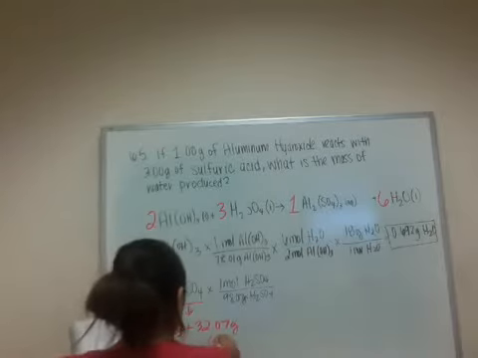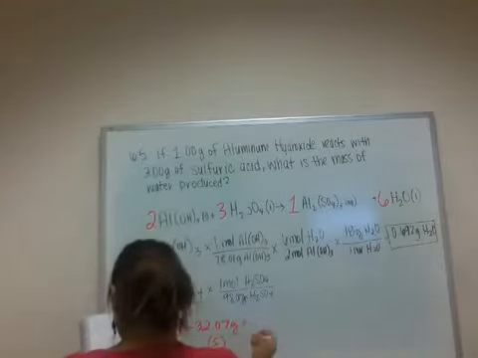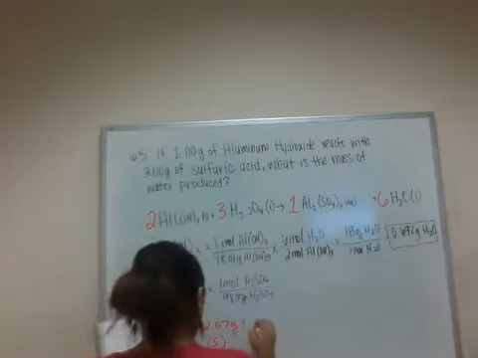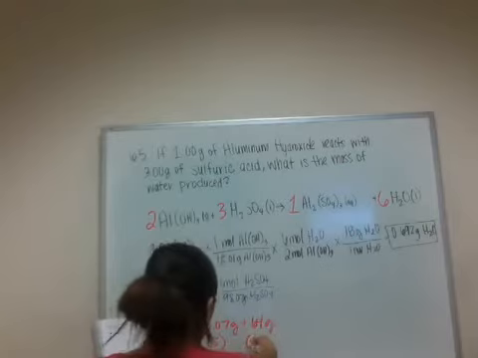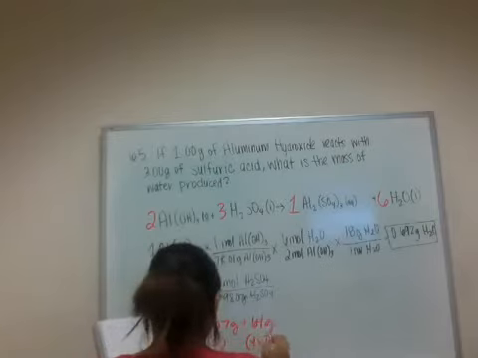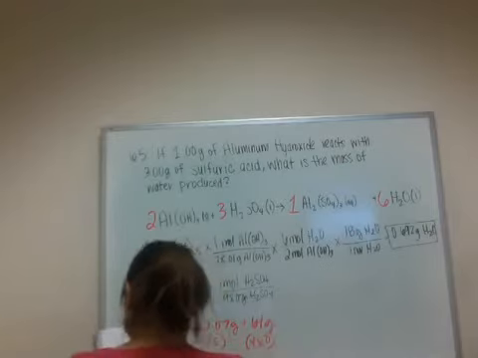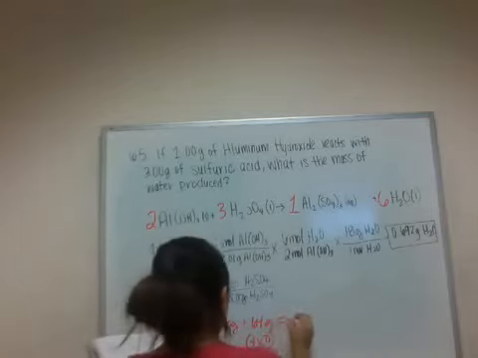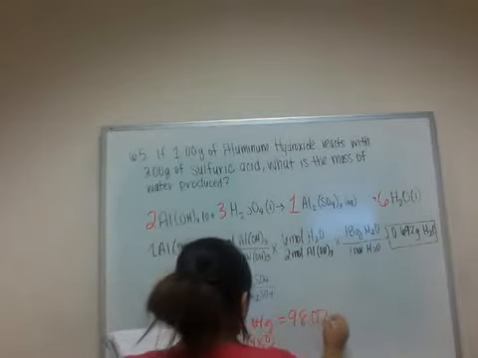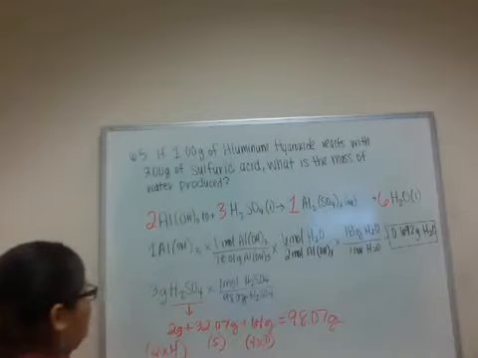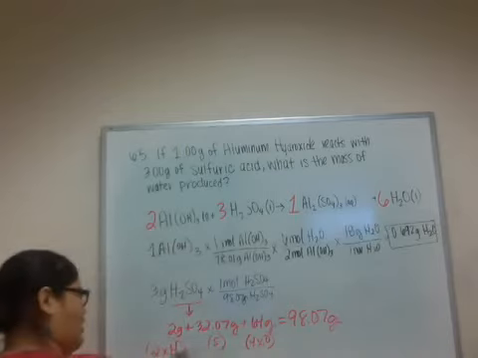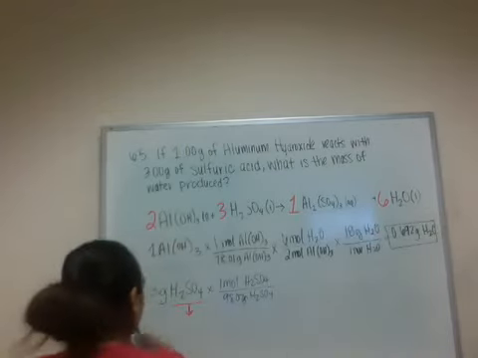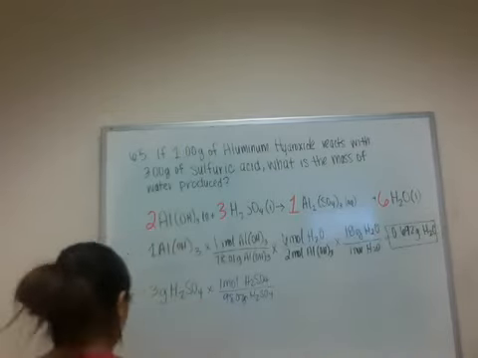This is your sulfur, plus your oxygen, which would be 64 grams, because you have 4 oxygen atoms. And that will give you 98.07 grams. That is found when you find the mass of your molecule. Okay, now we will continue on with our equation.